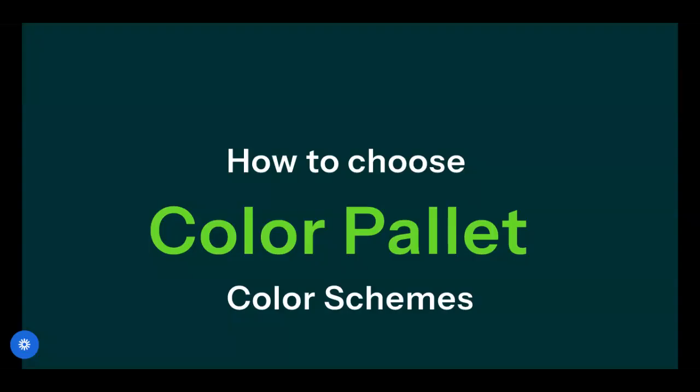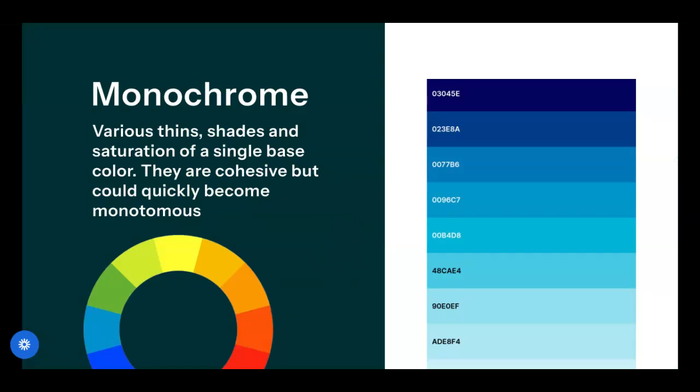All right, moving on. How to choose a color palette and a color scheme. This is very important. There are four color schemes to pick from when choosing your color palette. Number one is the monochrome. Monochrome consists of one base color, but with various tints, shades, and saturation.